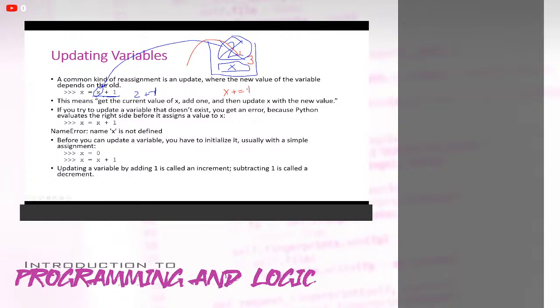Essentially what we're saying when we say x plus equals 1, in long form, is this same thing that we're saying here, x equals x plus 1. And we can make this value anything. We can make it 2, and that would mean x equals x plus 2. We can even use different mathematical operators here. So for example, if I use the multiply operator here, this would stand for x equals x times 2.